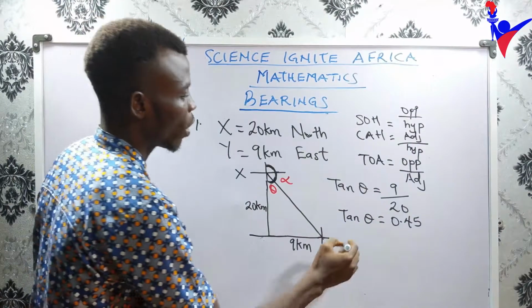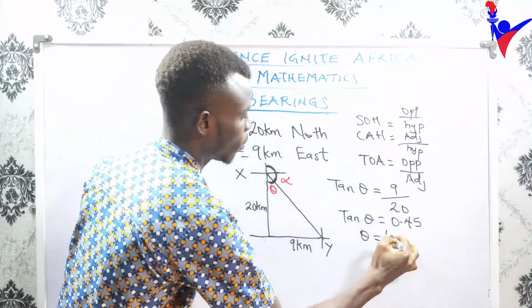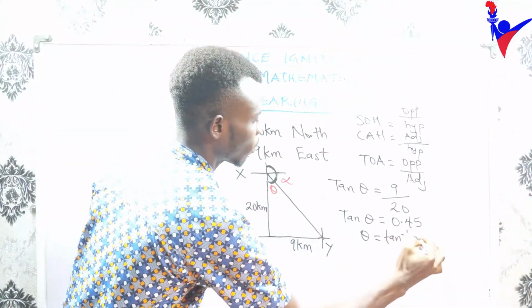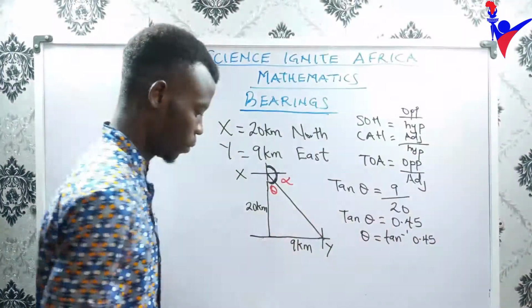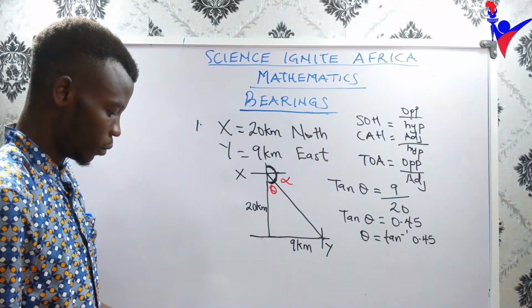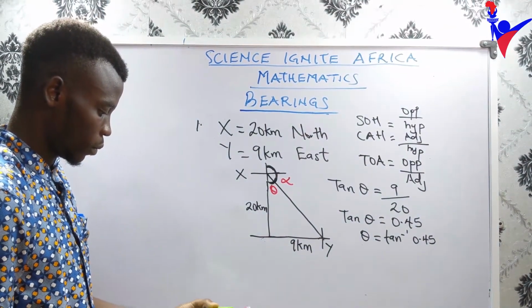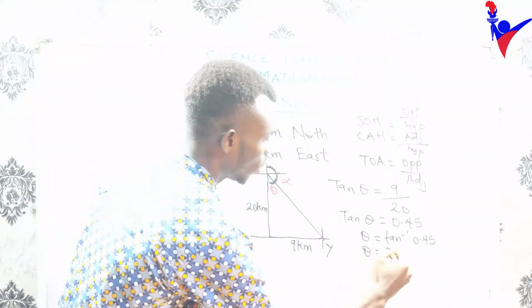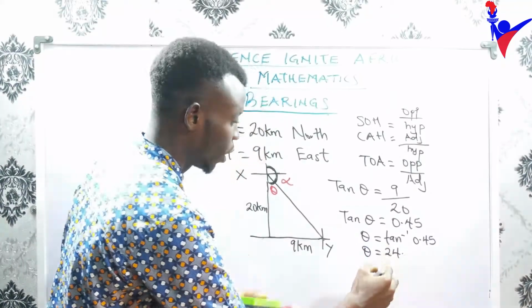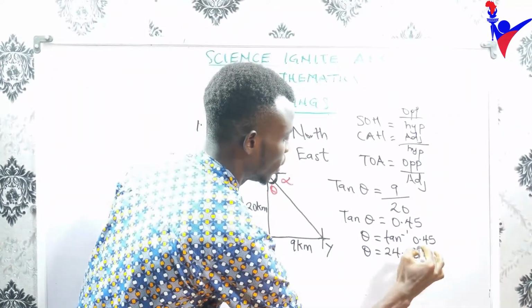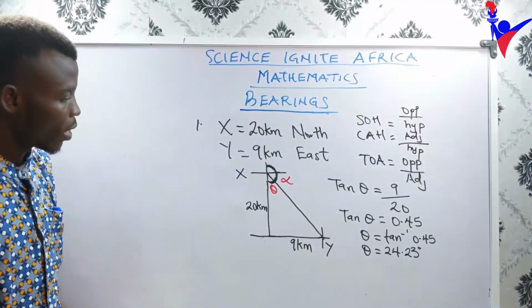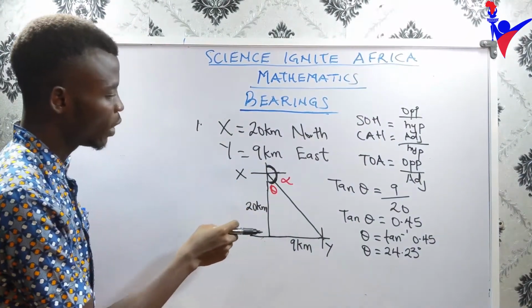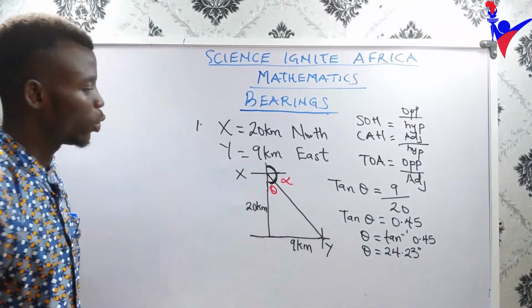Then theta equals 24.23 degrees. So I already got the inner angle, theta, as 24.23.